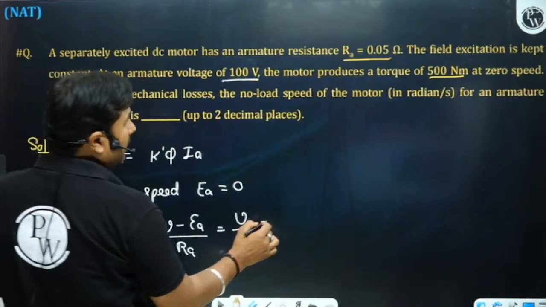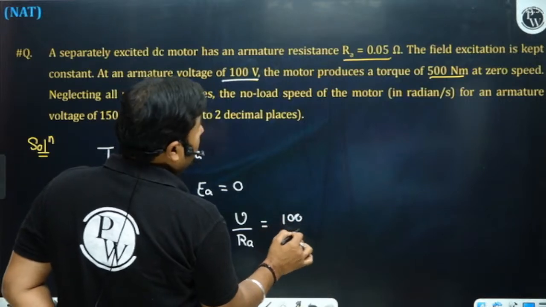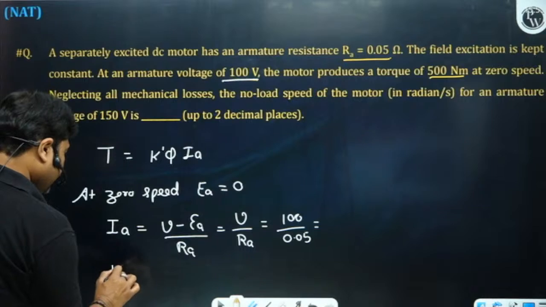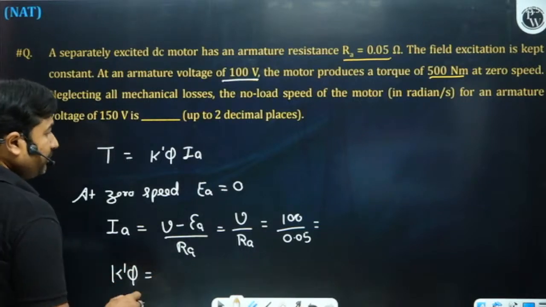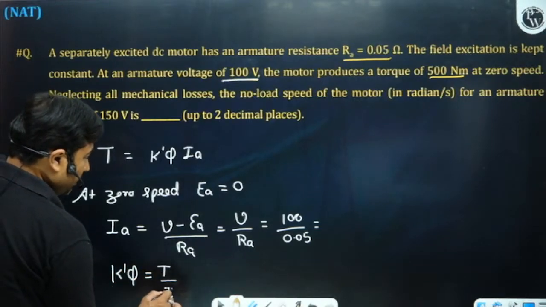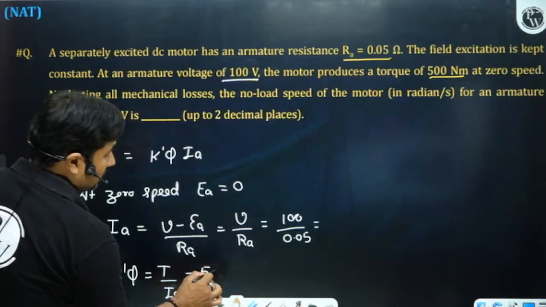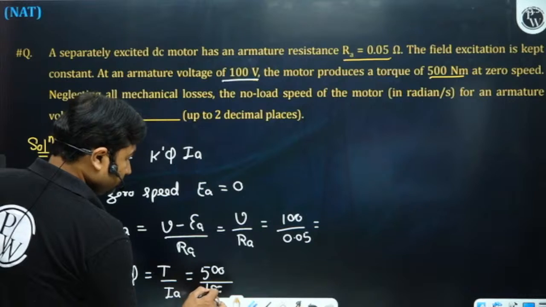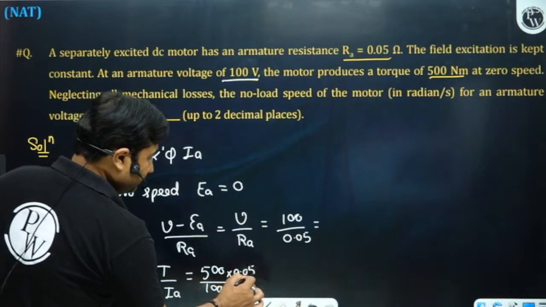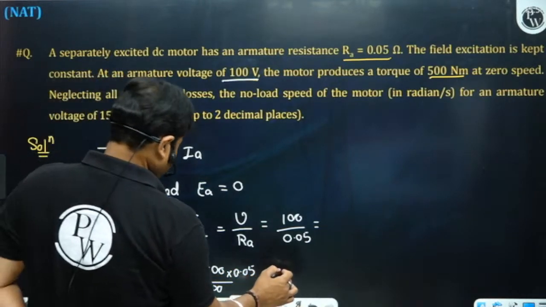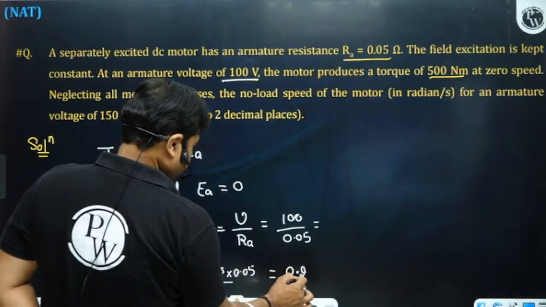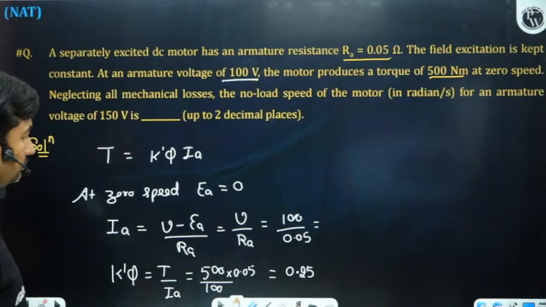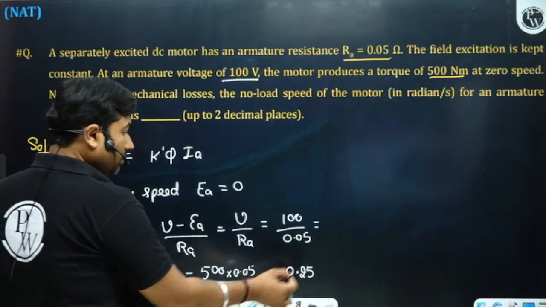V by RA is 100 by 0.05, so now we have IA. If you have IA, you can find K dash phi. K dash phi will be torque upon IA. Torque is 500 Newton meter upon IA, 100 by 0.05, which gives 0.25.